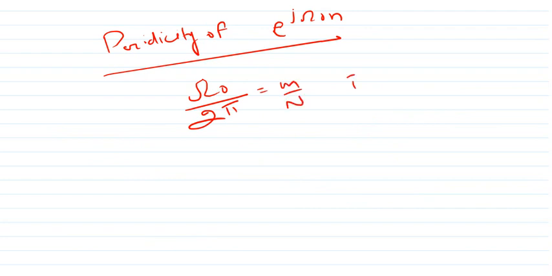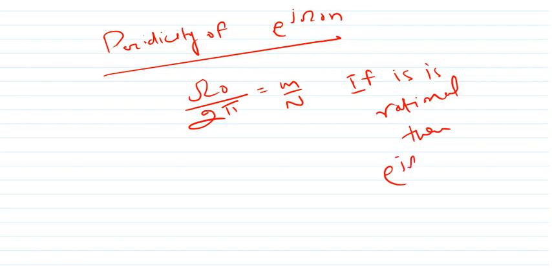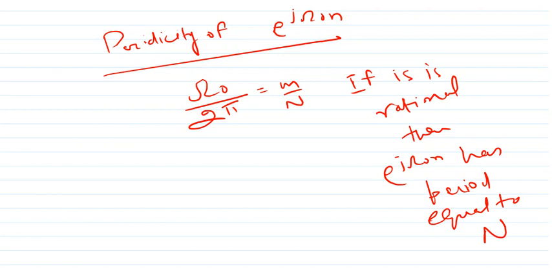If it is rational, then e raised to the power j omega naught n has period equal to m. All these things are clear. And what is m? m is a positive integer.